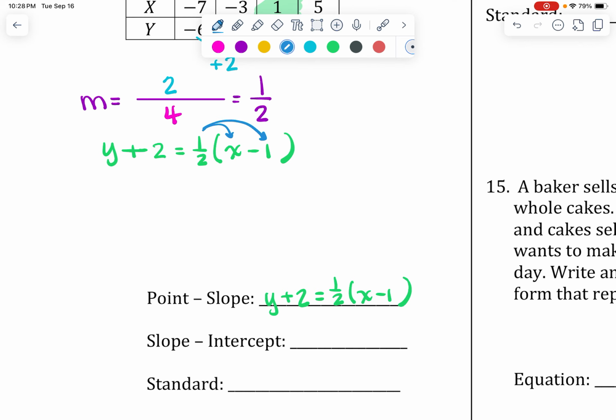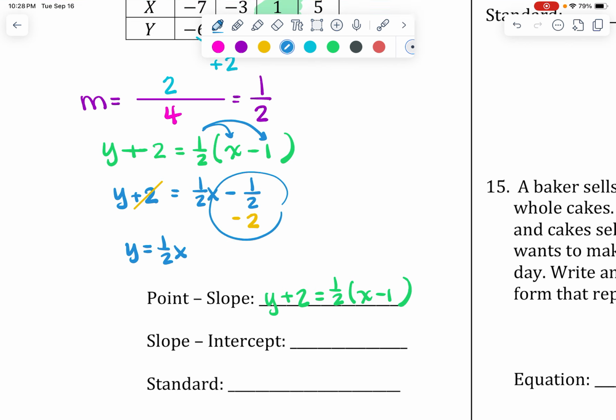So I'm going to distribute my 1/2 to get rid of the parentheses. Please don't write -1. You have to multiply the 1 by the 1/2. I'm going to bring everything else down. And then I need to move this 2 adder to the other side, which is going to become a 2 subtractor. Right? And that's going to give us y equals 1/2 x.